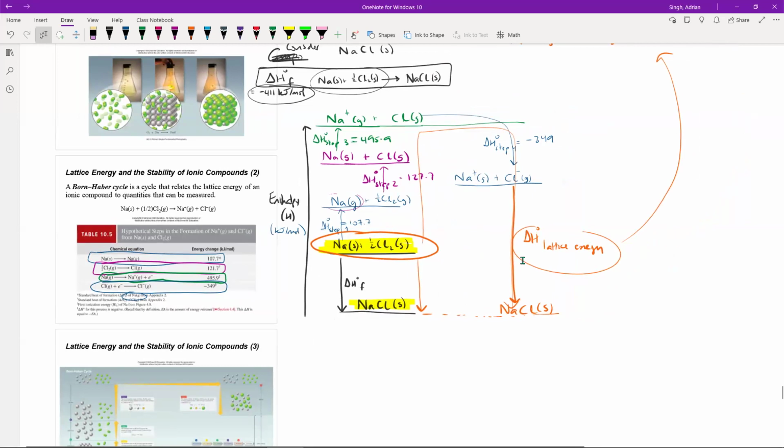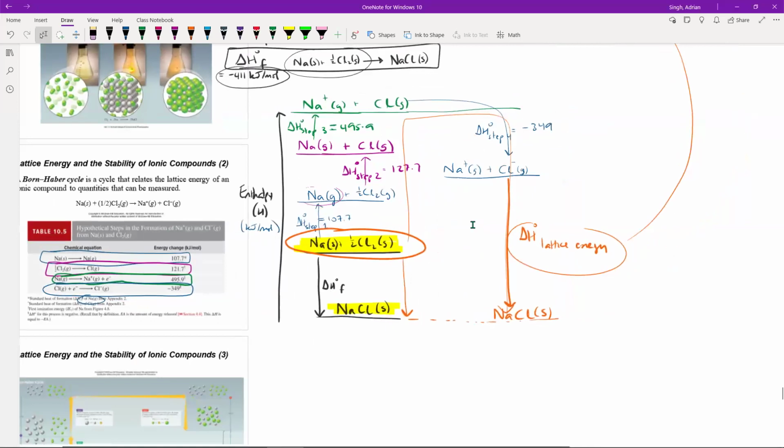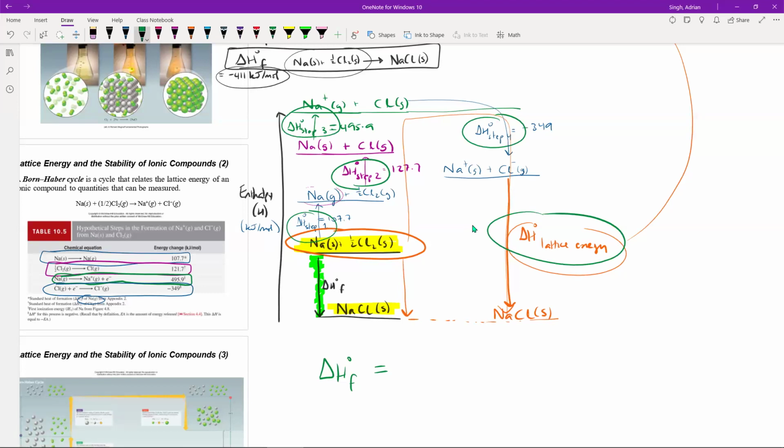So what we can do now, right, is we can go ahead and make some equalities. So this step here in green, call it the delta H of formation for sodium chloride, is simply the sum of all the other steps, right? So step 1, step 2, step 3, step 4, and the step of the lattice energy.